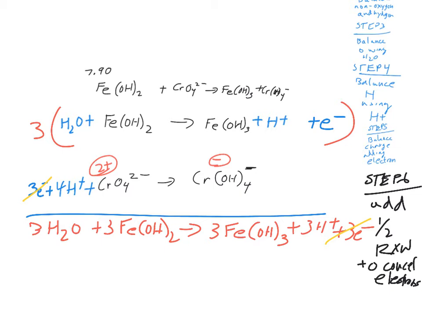My hydrogens, I can cancel out some hydrogens. I've got 4 hydrogens on this side of my equation, 3 on this side. So that's going to give me a net in my final equation of 1 hydrogen on this side. Then I've got my chromate, nothing to cancel it out.